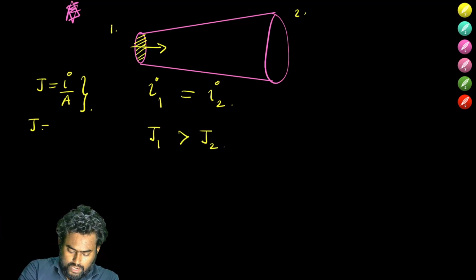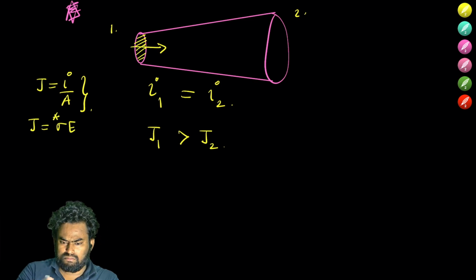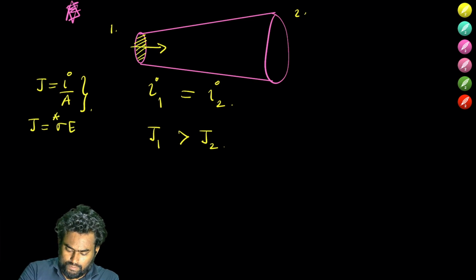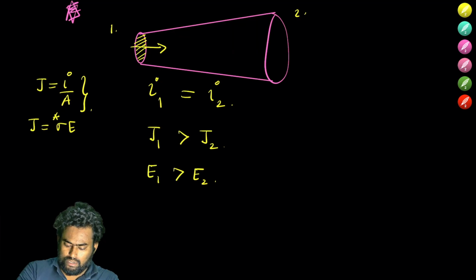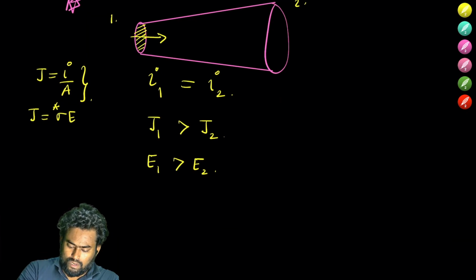Next concept, we have J equals sigma into E. Sigma does not depend on shape or size. So here E1 will be greater than E2. Now drift velocity formula is E by m into tau.